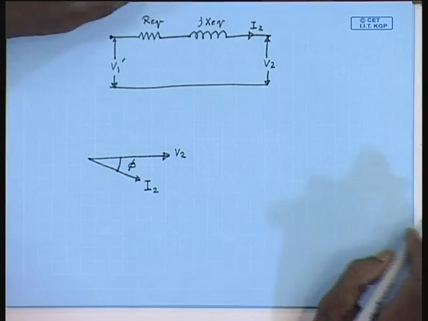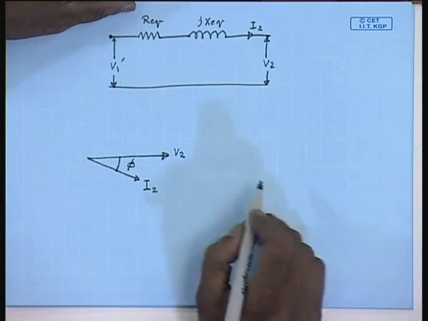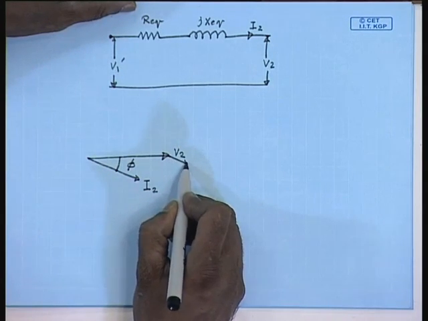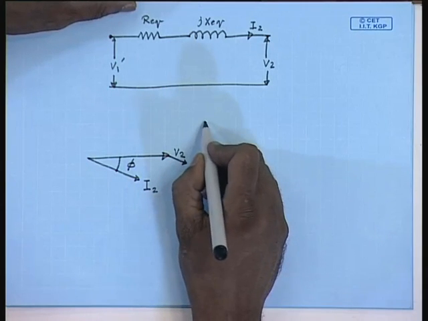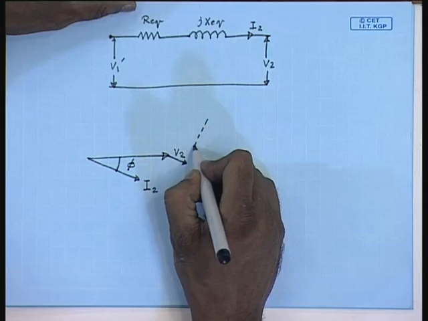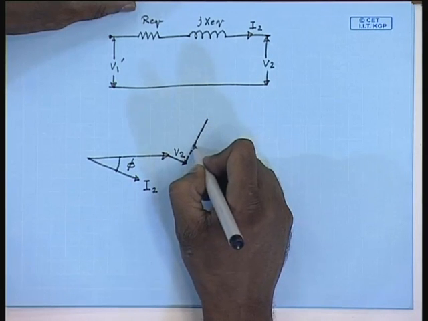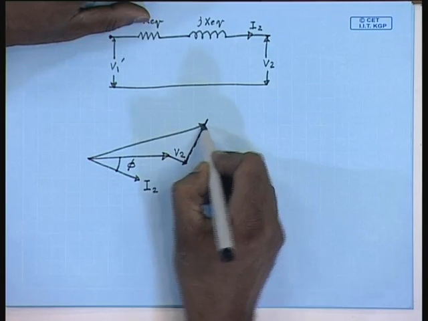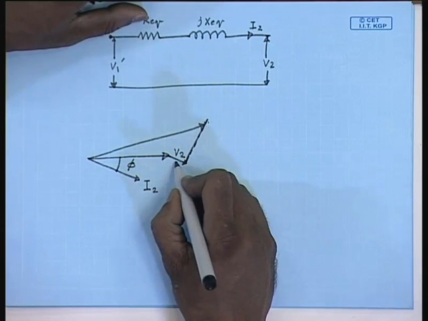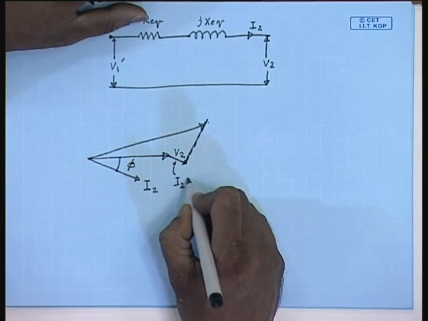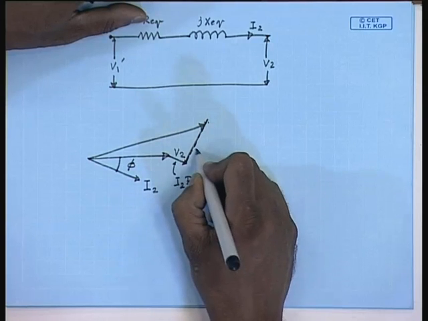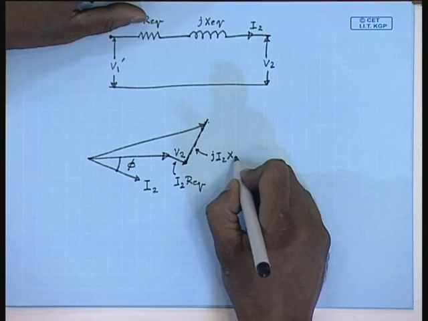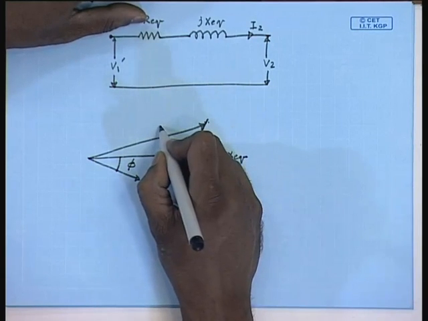We can draw the phasor of V1 by noting that V1 equals V2 plus I2 (Req plus jXeq). This is I2 Req. This is jI2 Xeq. This is V1 dash.